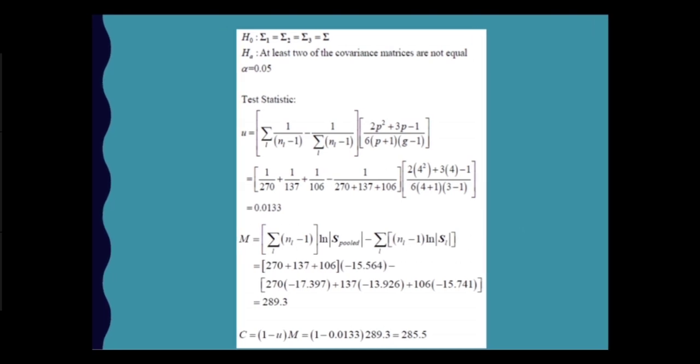So you can also make the decision from the p-value. As you know, we reject H0 when the p-value is less than the value of alpha. So from that you can make the conclusion about the equality of the covariance matrices. But still you need to know how to calculate the value of C manually. Okay.